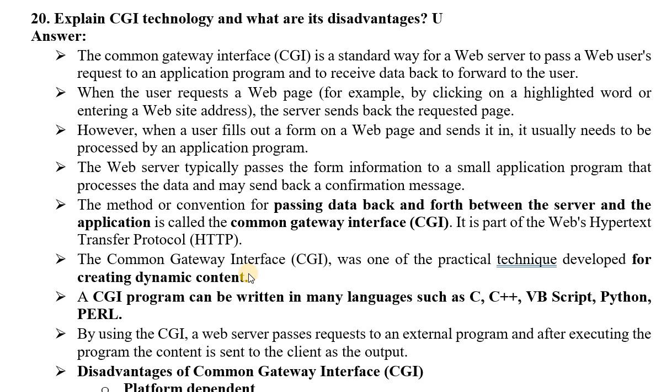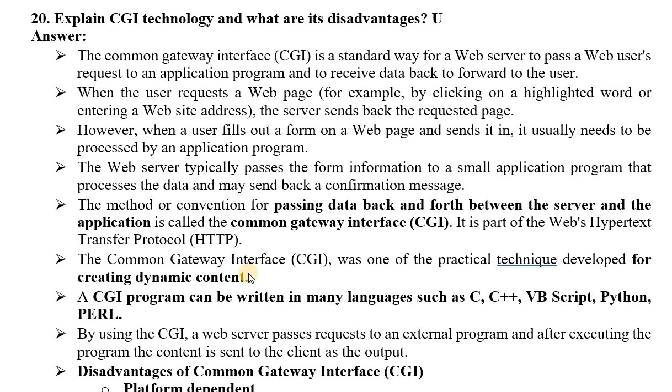Many times, the user sends a request, the server receives it and sends back the requested page. But suppose a user is filling out a form, let's say a registration form. The details are not sent to the server; they are sent to the application program, which does the validation, and then the confirmation message goes back from the application program to the server and from the server to the user.